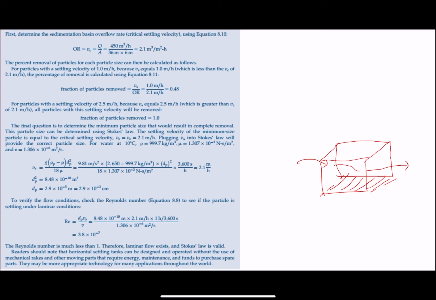So this is a horizontal settling tank. We could design it and operate it without the use of mechanical rakes and mixing. There is no mixing and no other moving part that requires energy and maintenance, and of course, no spare parts in this sedimentation tank.